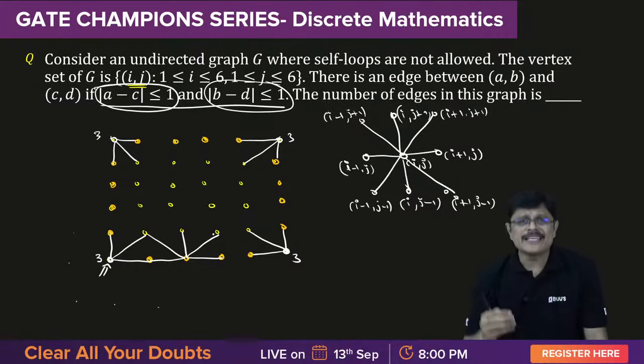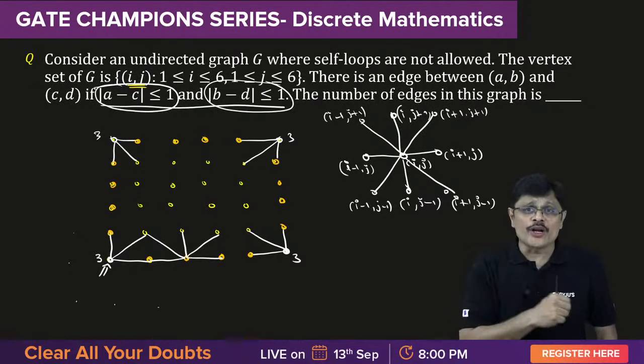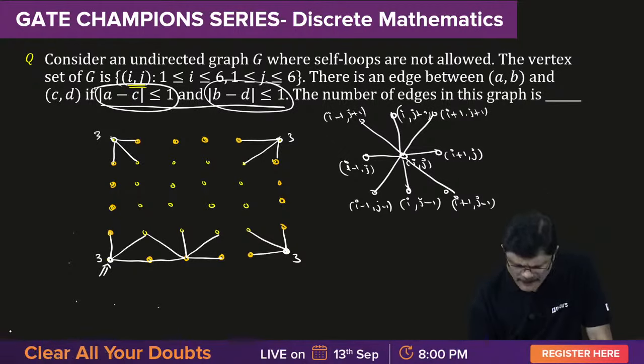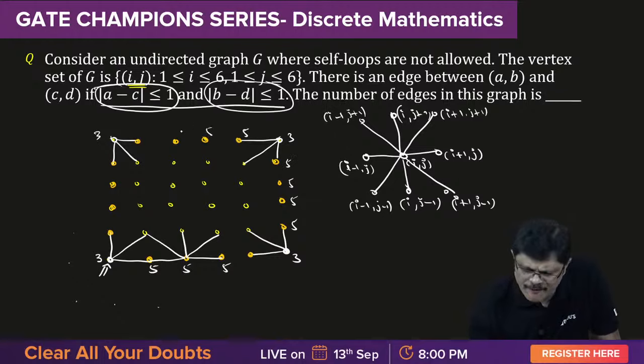So any of these end non-corner vertices can be adjacent to 5 vertices. So the degree of each of these vertices will be 5, my dear friend.